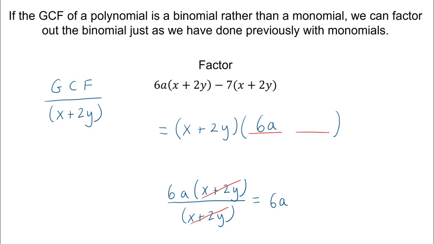Now let's divide the second term, negative 7 times x plus 2y, by the GCF of x plus 2y. Again, the factors of x plus 2y cancel out and leave us with just negative 7. And so minus 7 is our second term in our set of parentheses. So there is the factorization of the expression we were given: x plus 2y times 6a minus 7.